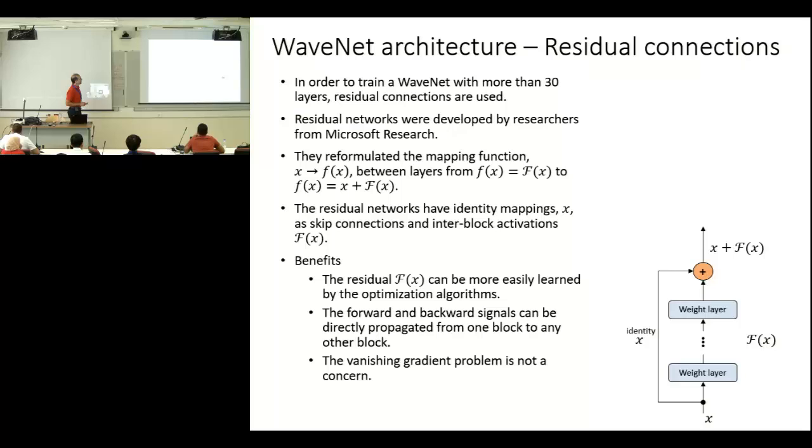They formulate the mapping function from x to the output of this function F(x) between the layers like that. For example, F(x) is not the output of the layer, but is the input plus the residual, the small difference that the layer does to the input.